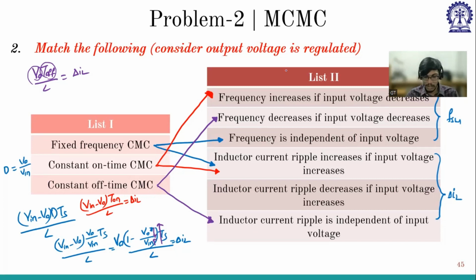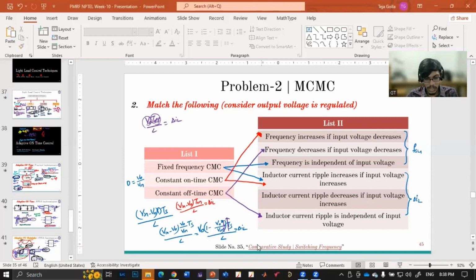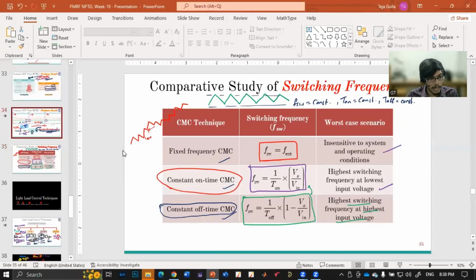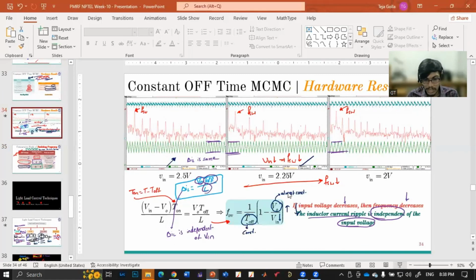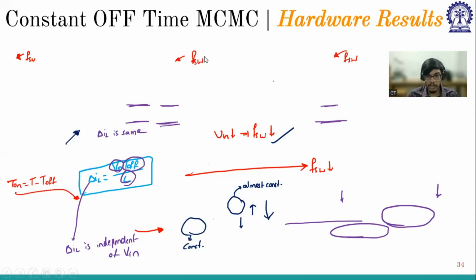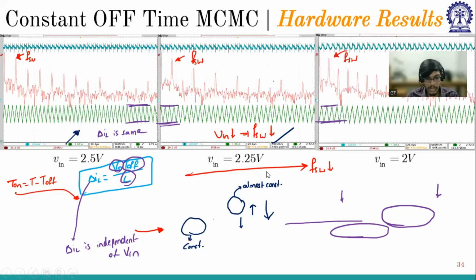And just to show you, I'll quickly go back to slide 35 and then I'll go to this slide. In this slide, this is for constant off time, as you see. As input voltage is reduced, we have seen that ripple remains the same.